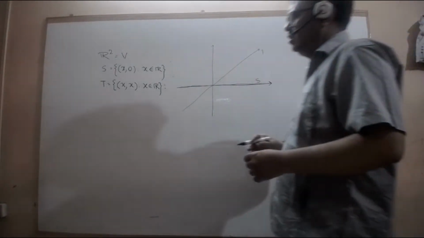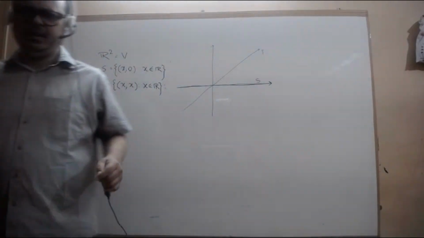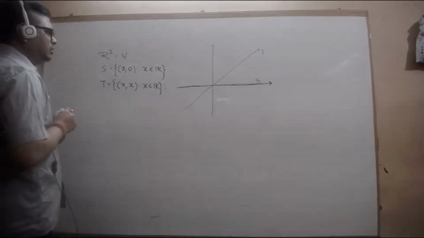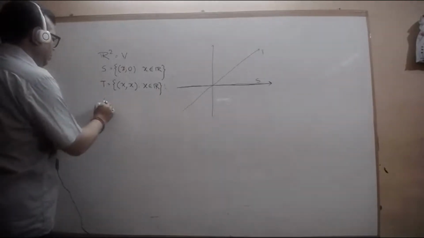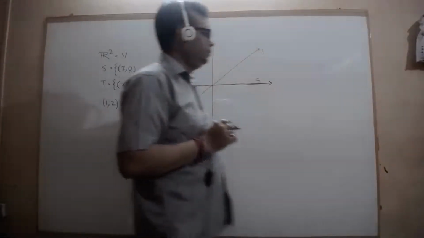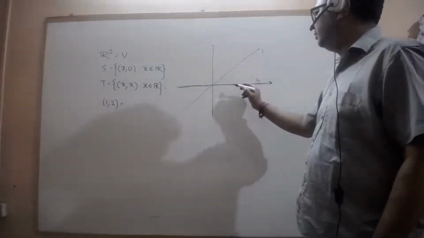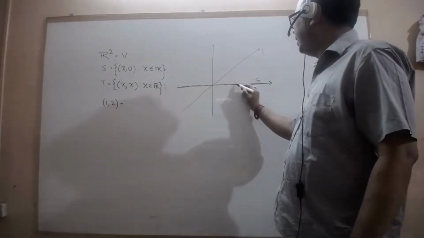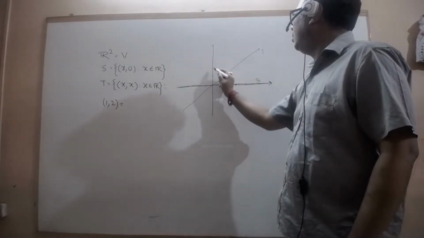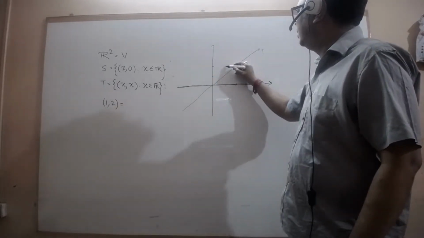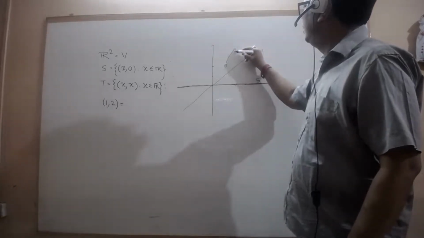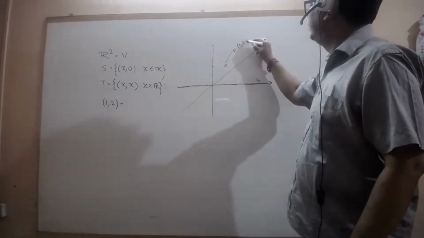Suppose you take any point in R square, say (1, 2). Then (1, 2) is here. This is your (1, 2).